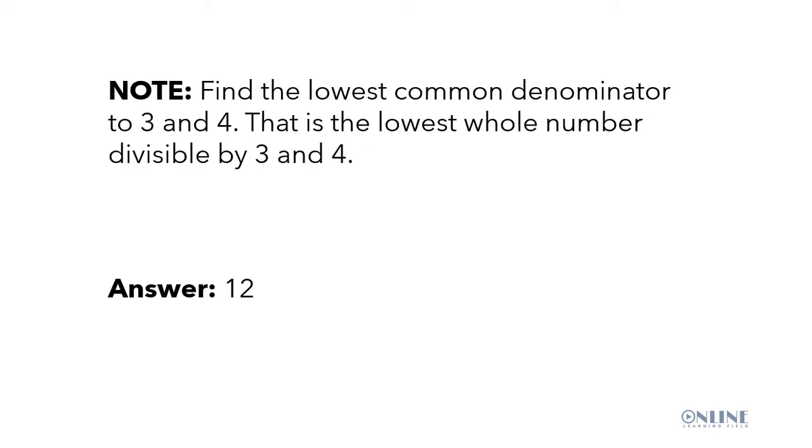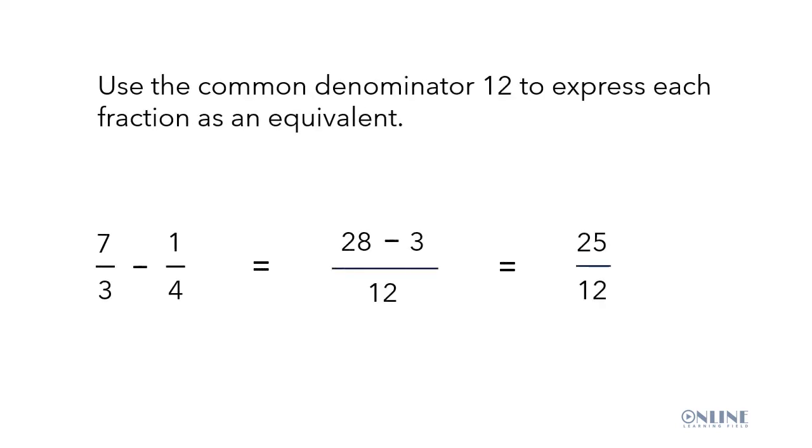To subtract 1/4 from 7/3, we need to find the lowest common denominator divisible by 3 and 4. That number is 12. The next step is to use the common denominator 12 to express each fraction as an equivalent.